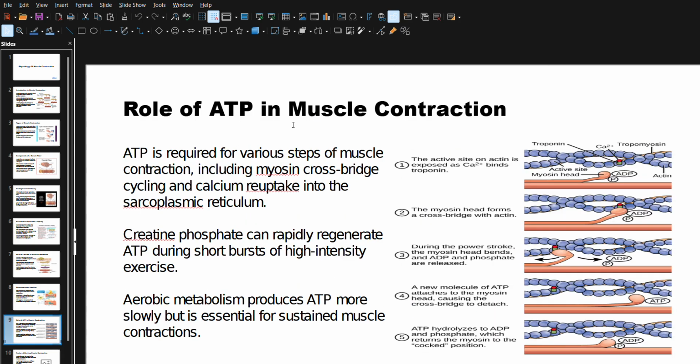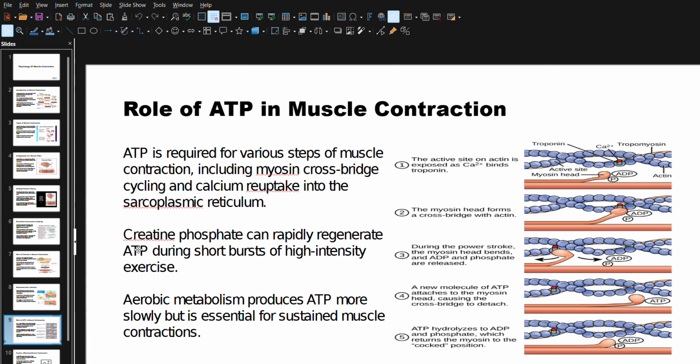The role of ATP in muscle contraction we are going to see now. ATP is required for various steps of muscle contraction, including myosin cross bridge cycling and calcium reuptake into the sarcoplasmic reticulum, SR. Creatine phosphate can rapidly regenerate ATP during short bursts of high intensity exercise.